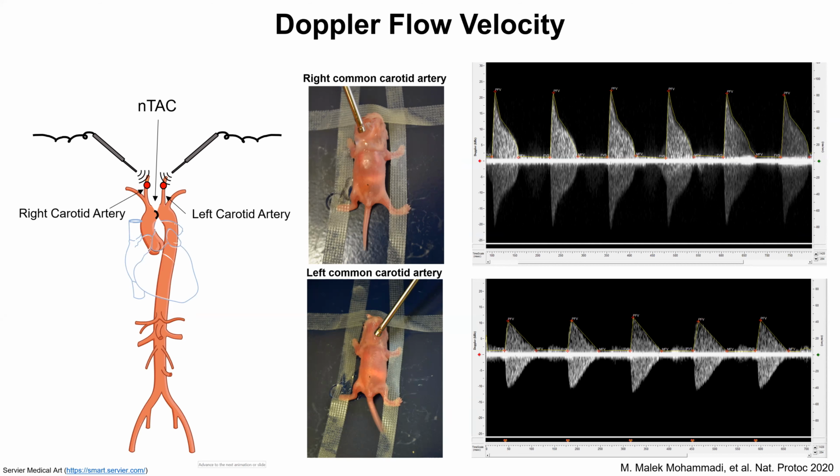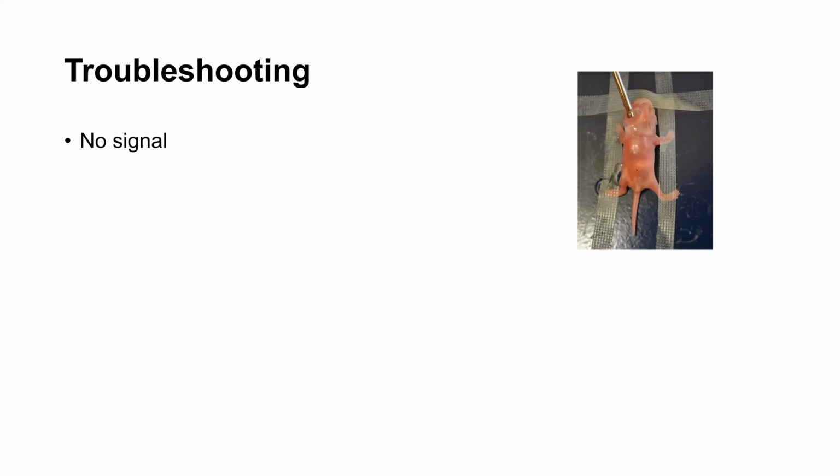And what could be the problems you might face at this stage? You might not see any signal. The probe that you are using is 20 megahertz, and it has a minimum gate depth of 2 millimeters.